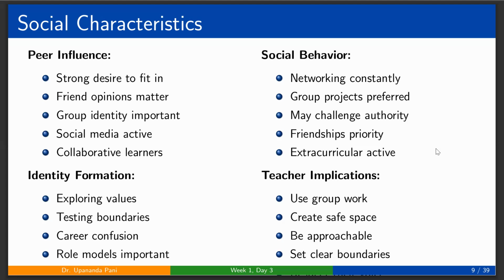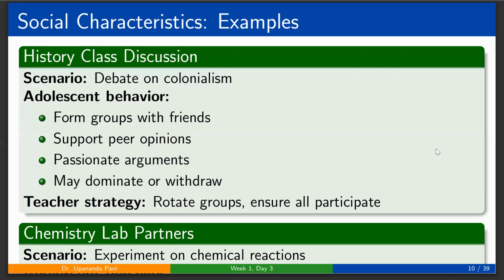So what are the other identity formation in this case? So basically exploring values, testing boundaries, career confusion, role models are very important, and teacher implication is you need to use group work, create safe space, be approachable, and set clear boundaries.